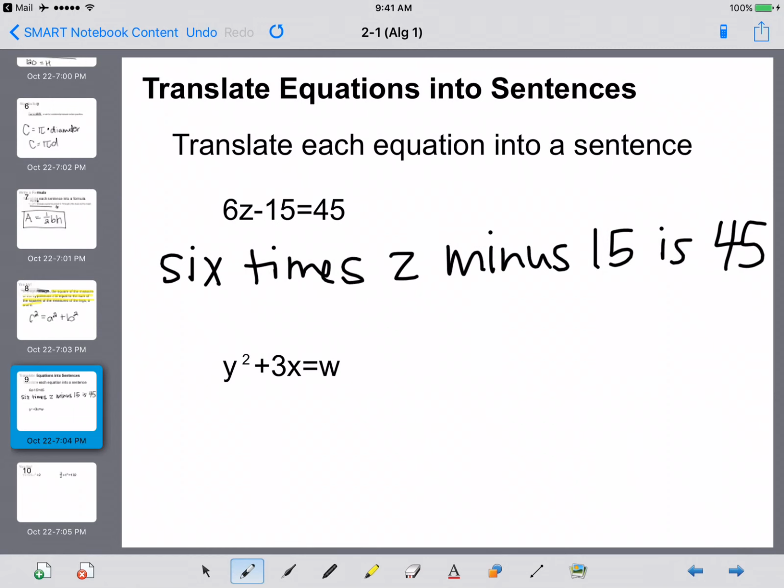Okay, here I'm just going to say it out loud and not write because it's really hard for me to write words on this and make it look legible. So if I were to write this out, I would say the sum of y squared and 3 times x is equal to w. Okay, you need to make sure that you're adding the 3 times x and the y squared.